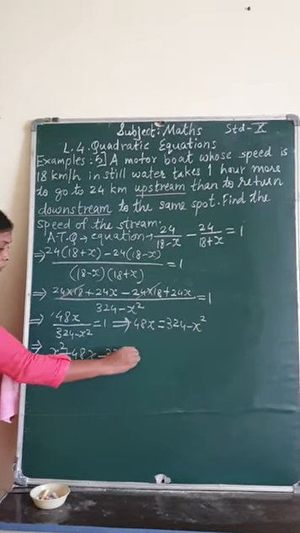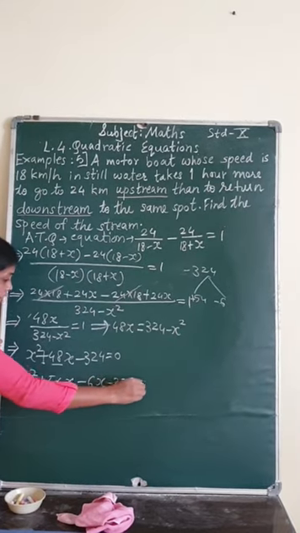Now by splitting the middle term, first we will find the factors of minus 324. That gives us 54 and 6. So 54 with plus, because this side is plus, the greater integer with plus, and this minus. So here we have 54x minus 6x minus 324 is equal to 0.